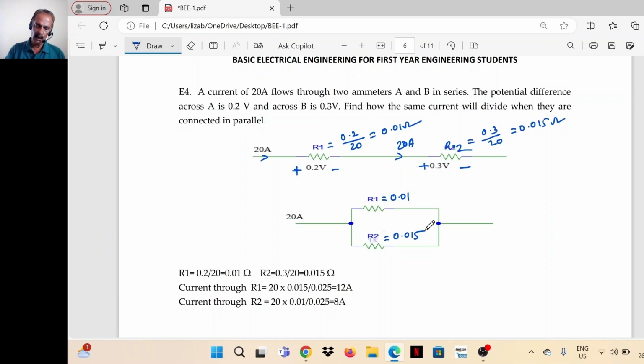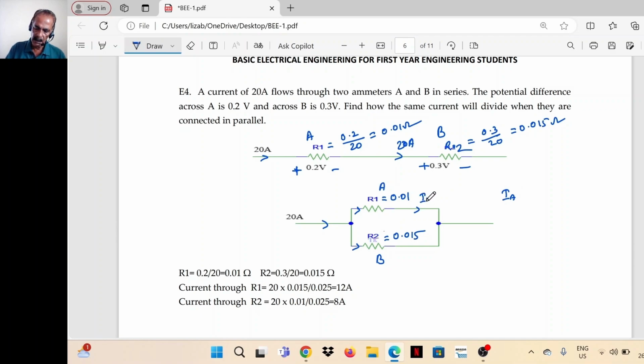Now we have to find out how this current of 20 ampere will divide between these two resistors R1 and R2, or between these two ammeters A and B. This is ammeter A, ammeter B. Now let us take the current through ammeter A as IA.